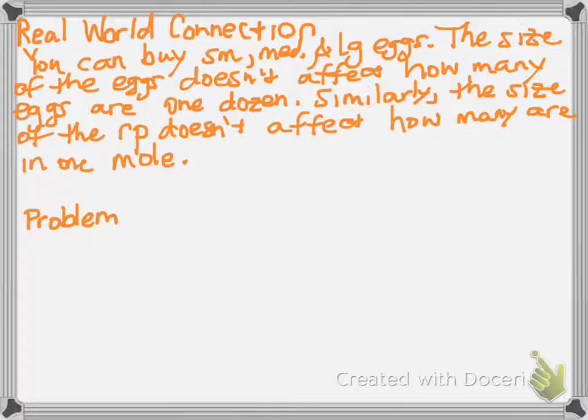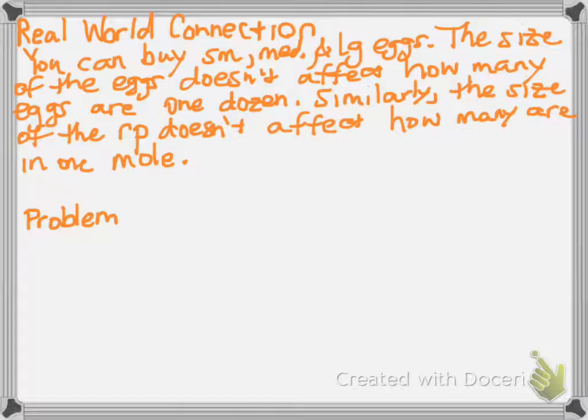Okay, so think about eggs, right? Think about you go to the grocery store and you buy a dozen eggs. Probably you're going to buy large eggs. And there's a certain weight to those dozen eggs, correct? But it's still a dozen eggs. So now let's kind of make this extreme. Let's imagine we're somewhere where we can buy ostrich eggs, right? You know ostrich eggs are a lot bigger than chicken eggs.